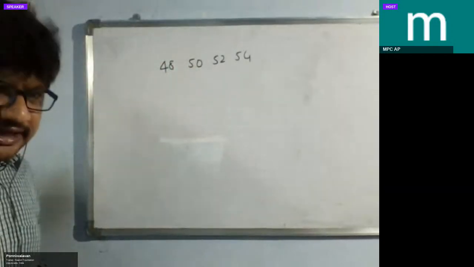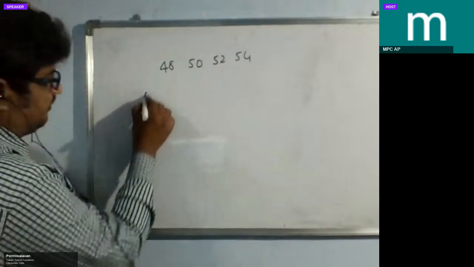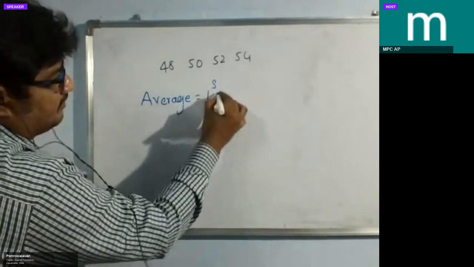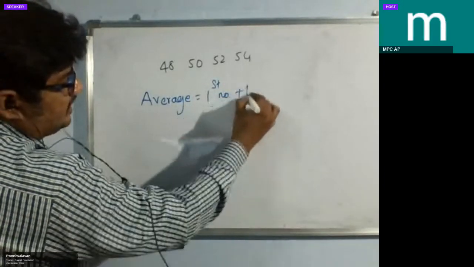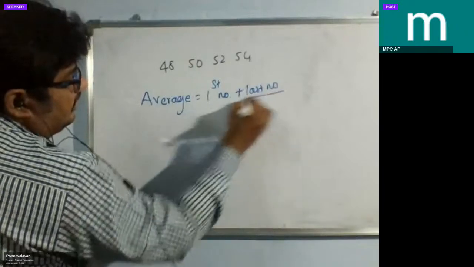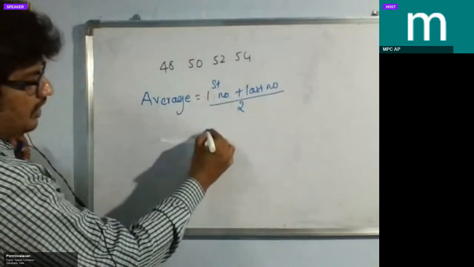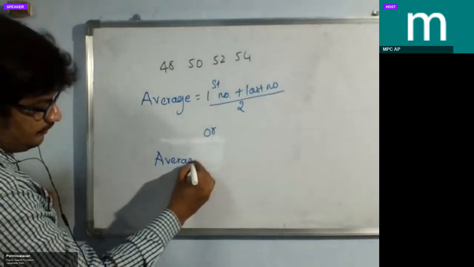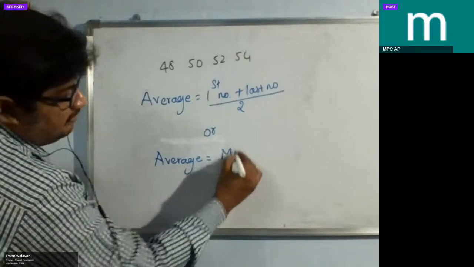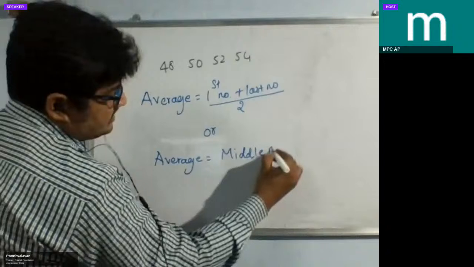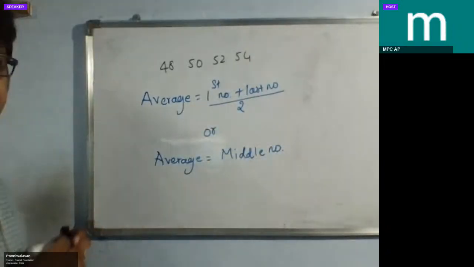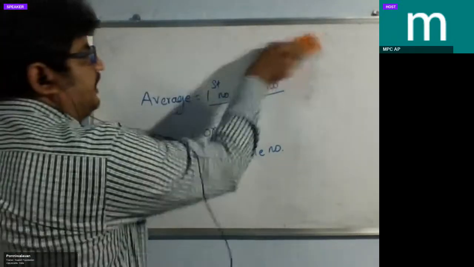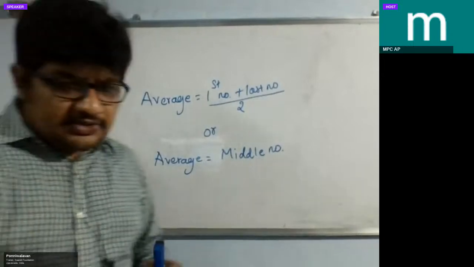If it is AP, average is equal to first number plus last number divided by 2. This is one formula. Or average is equal to middle number. I gave it right. Average is equal to middle number. Okay. Here, now see the question.